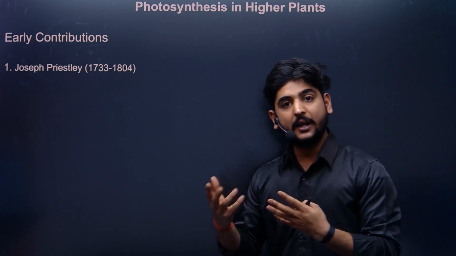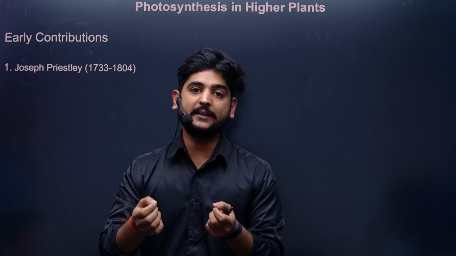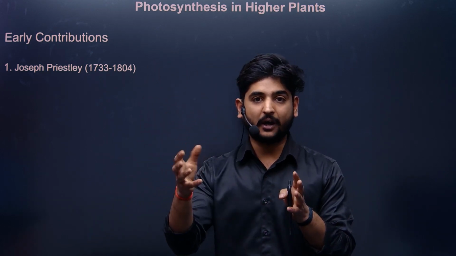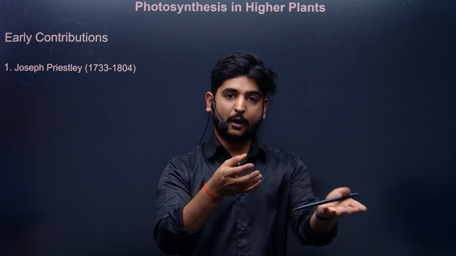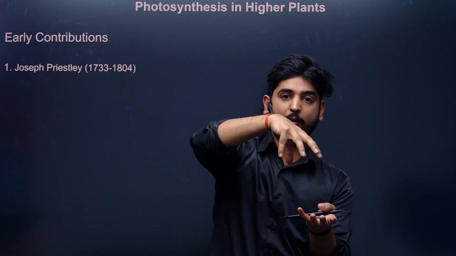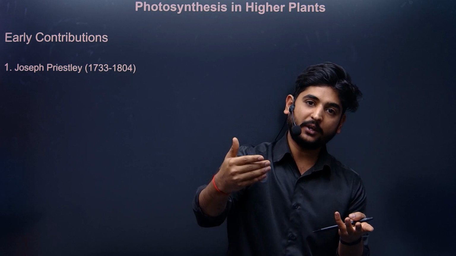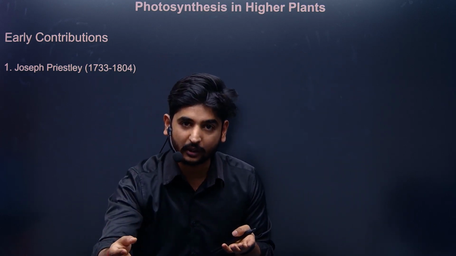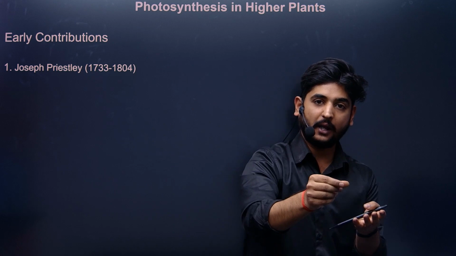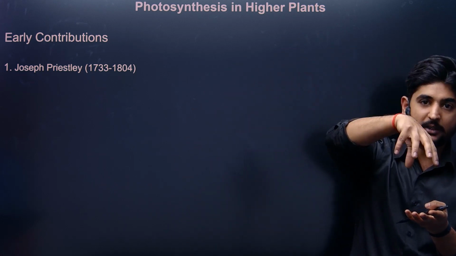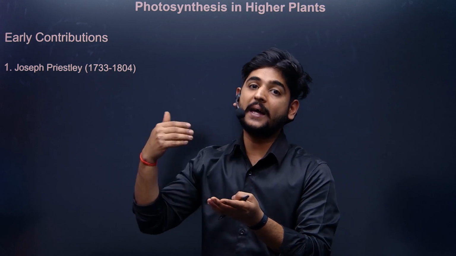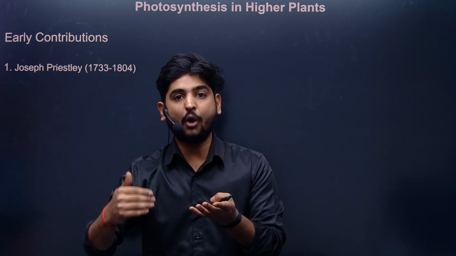And lastly, he did a very basic, very nice experiment. He took a container, a bell jar, and put it over a mouse. After some time, the mouse will die because of the absence of oxygen. Similarly, if you have a candle and you put a bell jar over it, after some time the candle will extinguish because there will be no oxygen.